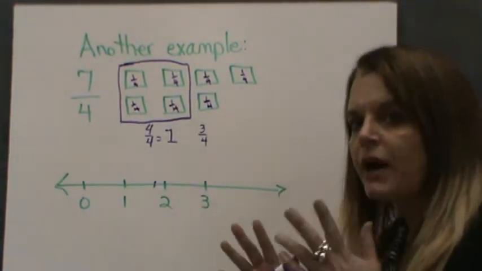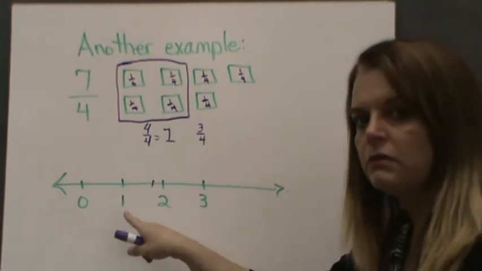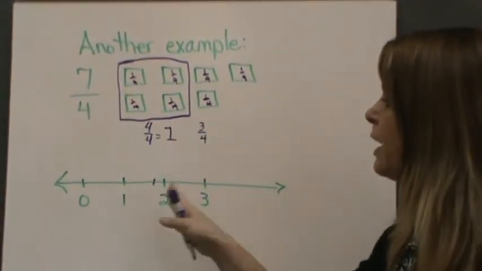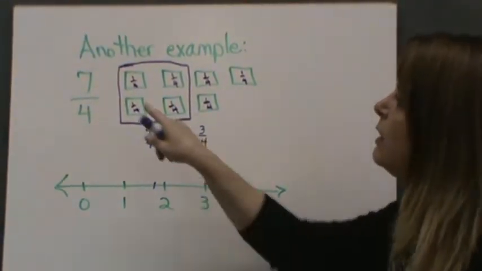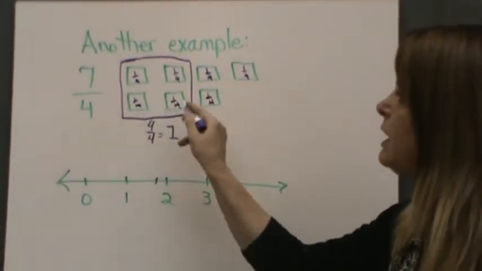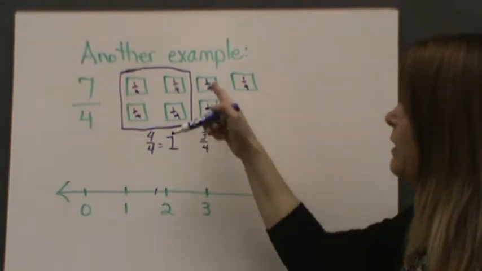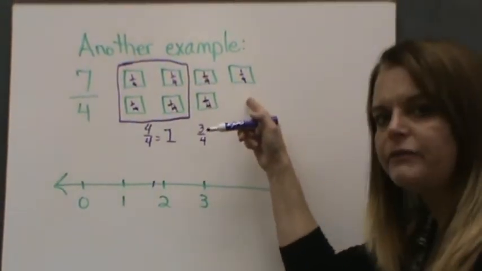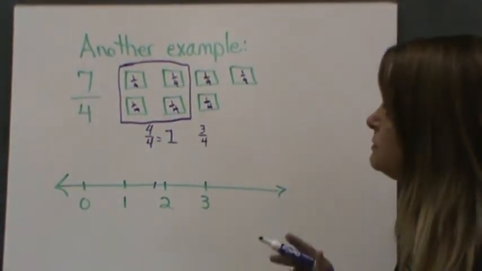Okay? Proper fractions are between 0 and 1. An improper fraction is going to be greater than 1 whenever the numerator is bigger than the denominator. And you can see here, if I group them, I have some left over, but not quite enough to make another whole.